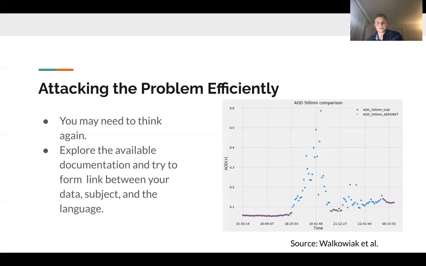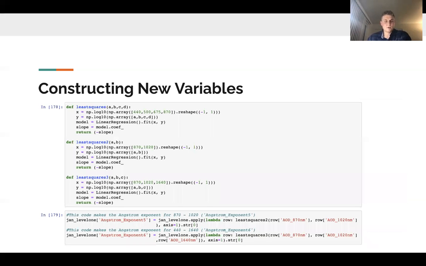So the problem is that a huge dust signal, which has crazy implications for what's going on in the atmosphere, is getting removed erroneously because NASA's algorithm is saying that it's cloud, is misclassifying dust as clouds. That's the basic premise. And so from this, we realize we need to construct new variables.